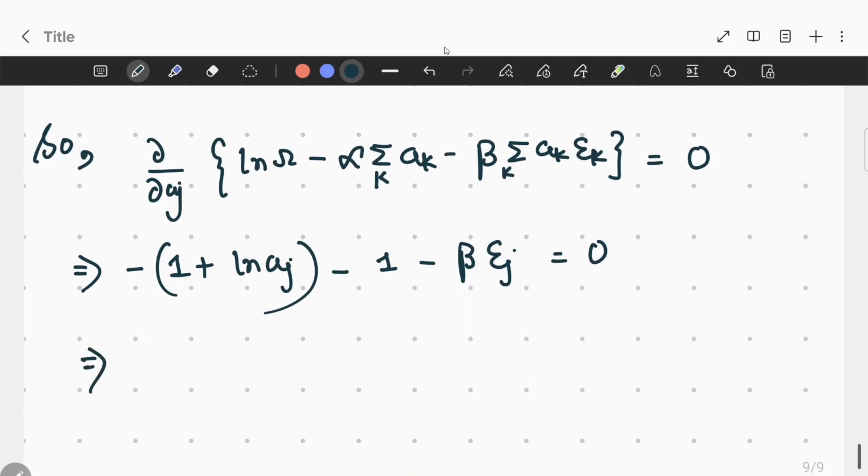Now this a_j should be our most probable distribution a_j star, because we are equating with 0. This is our most probable distribution.